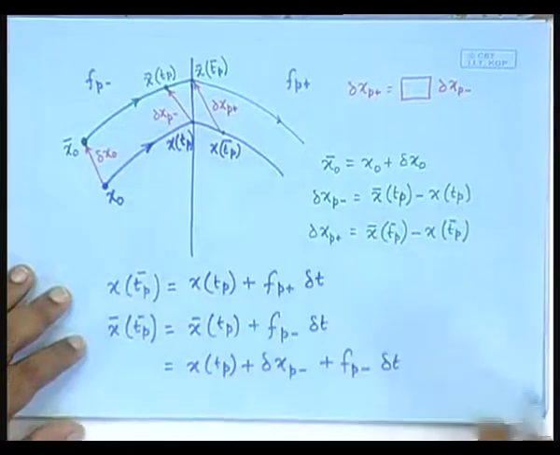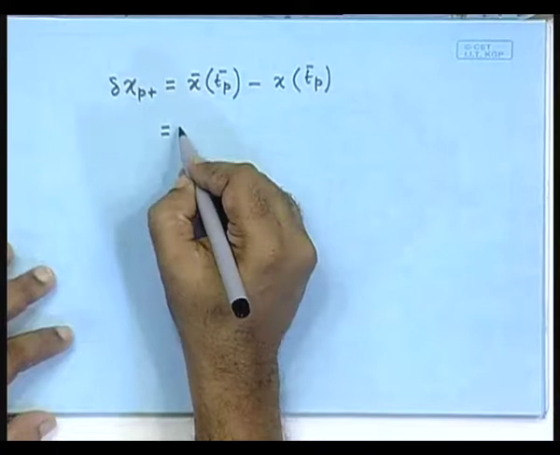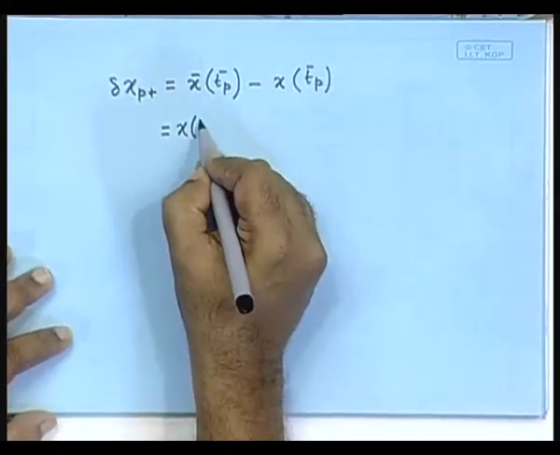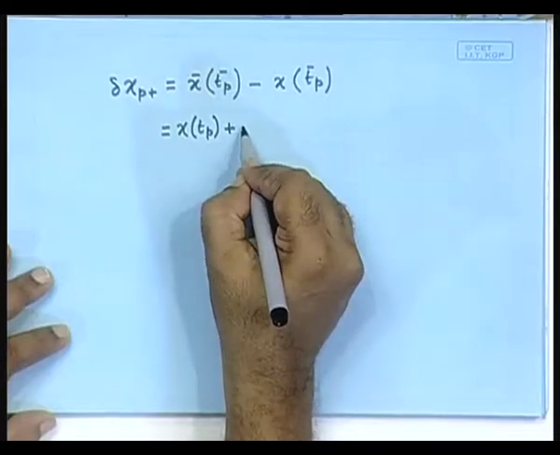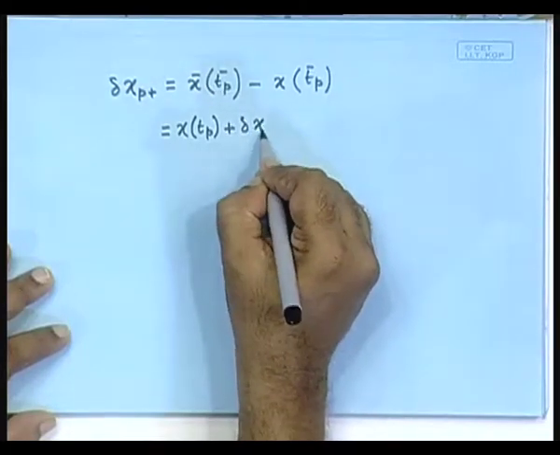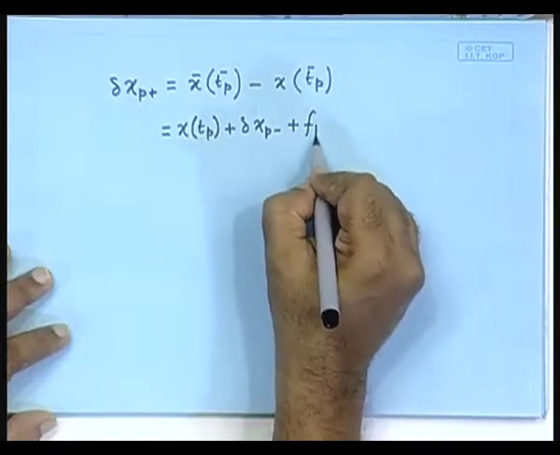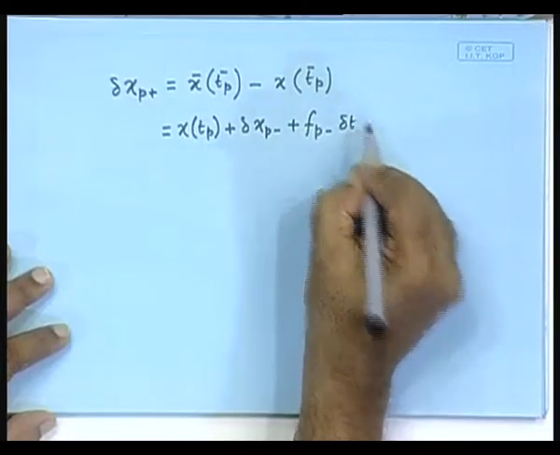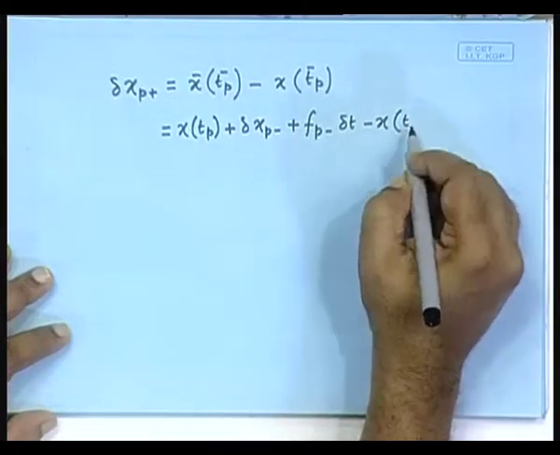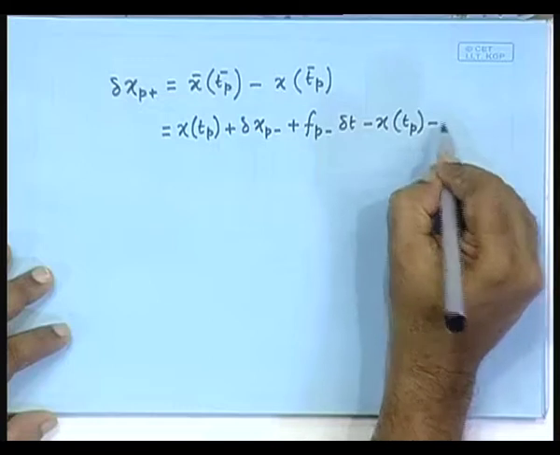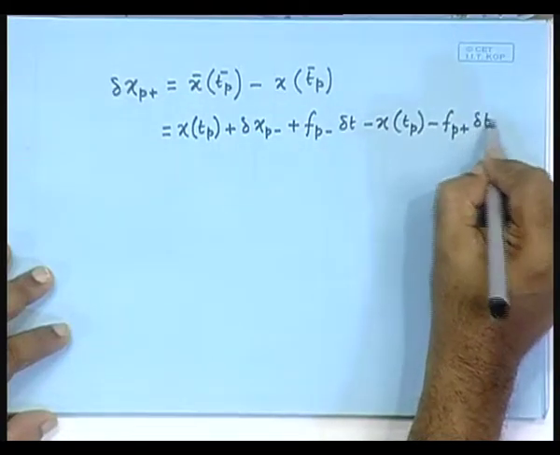So, we will substitute these two, and thus we get x T p plus delta x p minus plus f p minus delta t minus x T p minus f p plus delta t.